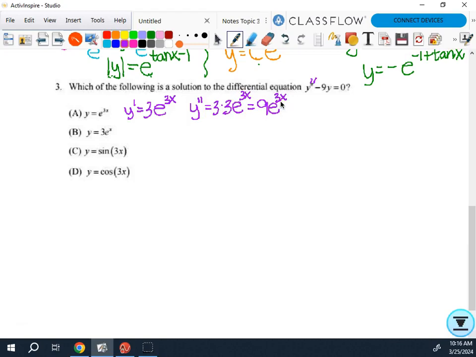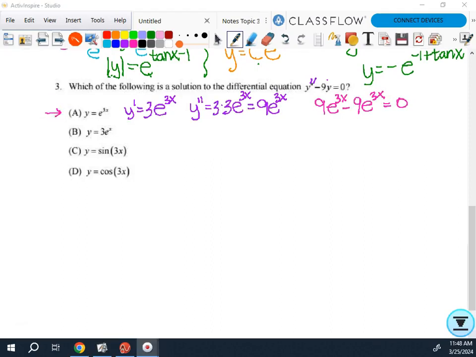Then I'm going to substitute it in and see what happens. Y double prime is 9e to the 3x minus 9 times y, which is e to the 3x, and that does equal 0. I think A looks good, but I will work through the other ones as well.